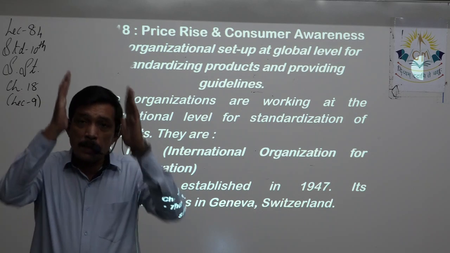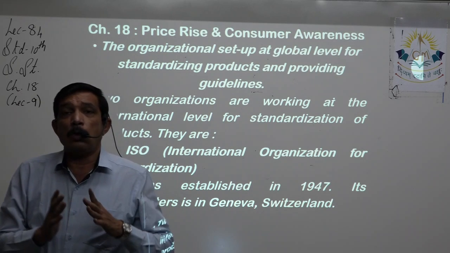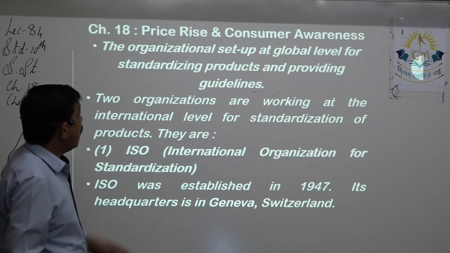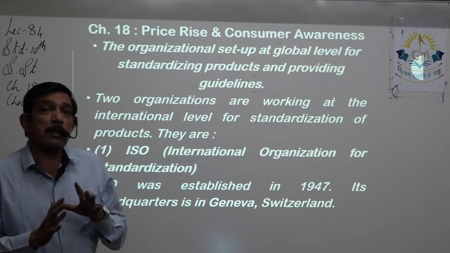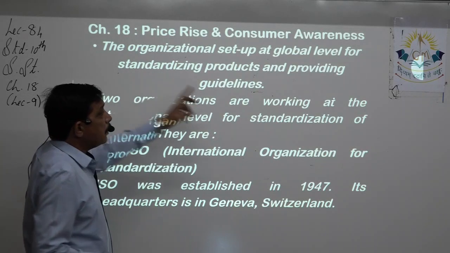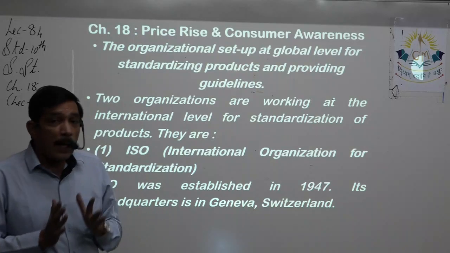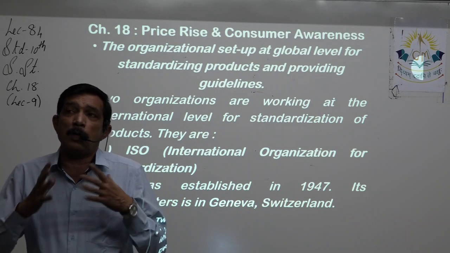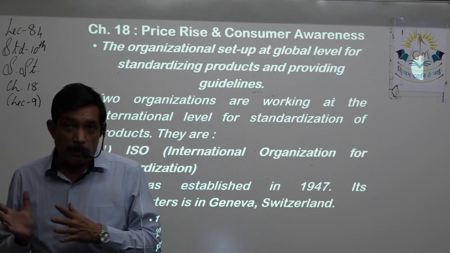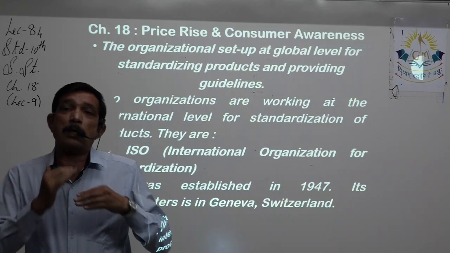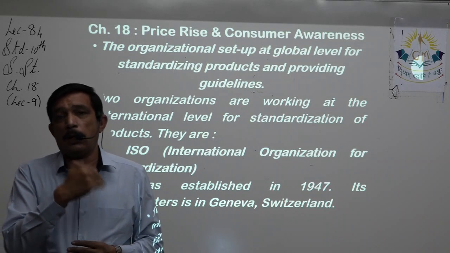So an international standard has been made. Now, who makes that international standard? This is where we come to the topic: an organizational setup at international level for standardizing products and providing guidelines, and this is the process involved in making that butter.